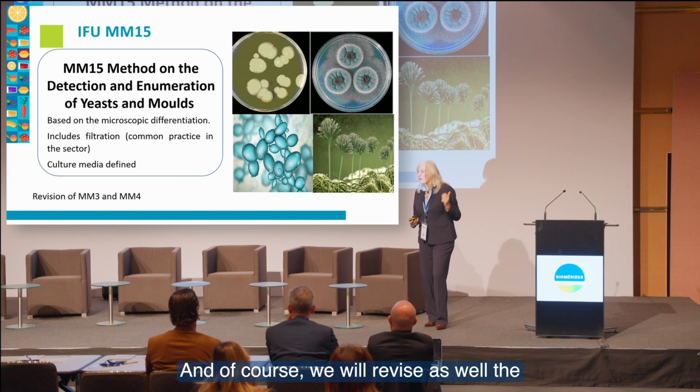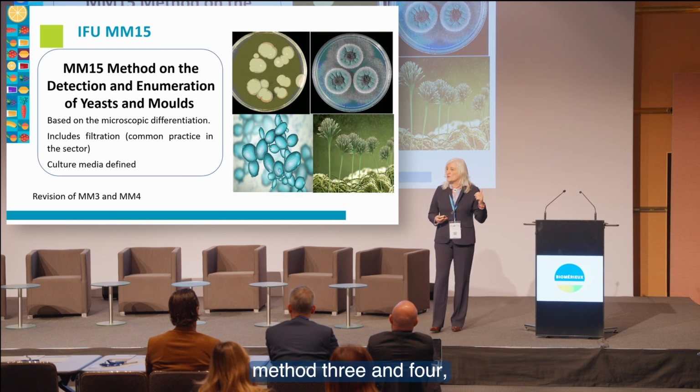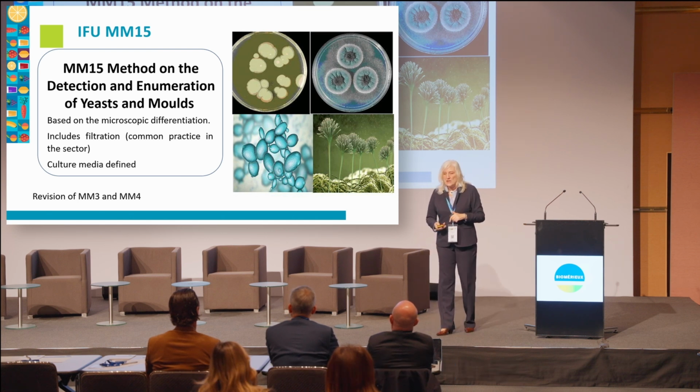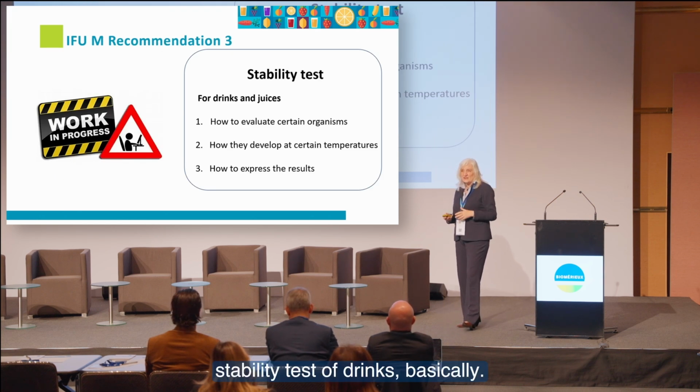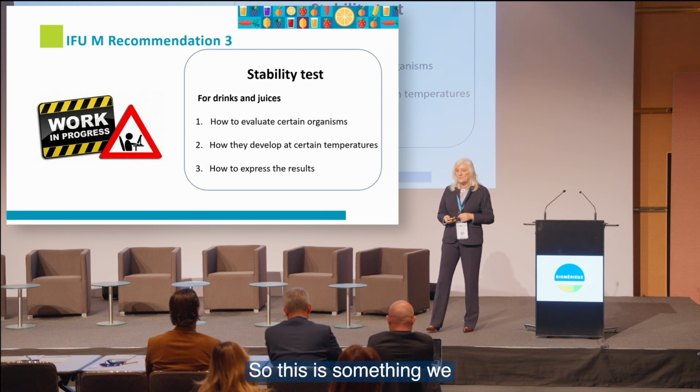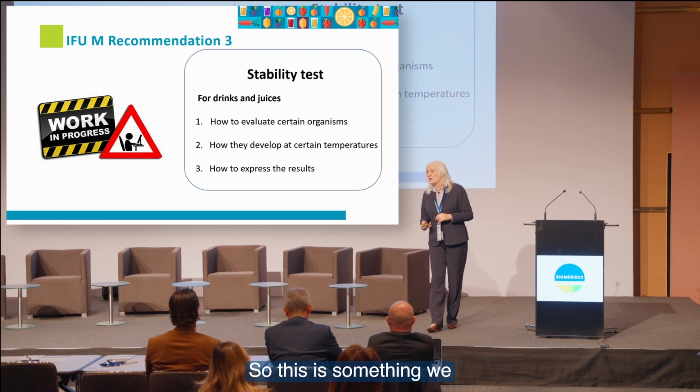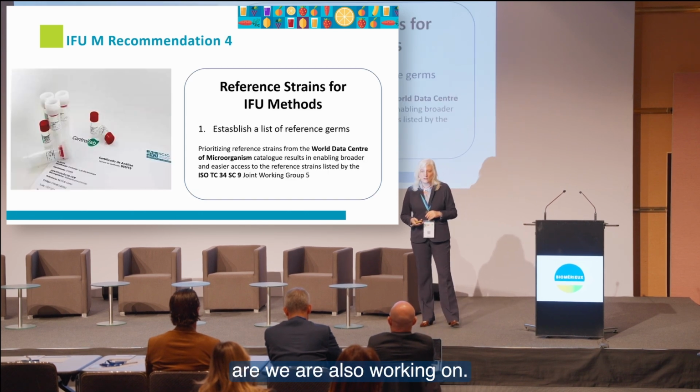And of course, we will revise as well the method 3 and 4, which is yeast and molds. And we are working on a third recommendation for stability test of drinks, basically. So this is something we are also working on.